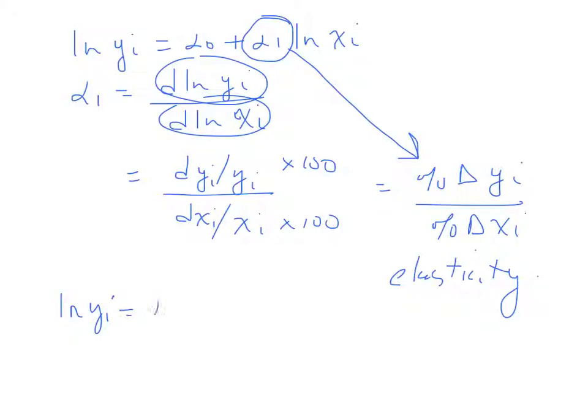We can extend this to multivariate context. Log yi equals alpha 0 plus alpha 1 x1i plus alpha 2 x2i. We would simply use the language of partial derivatives to write out what this meant. Actually, I'll tell you what, let's go ahead and get rid of that and start a new page. Log of yi equals alpha 0 plus alpha 1 log of x1i plus alpha 2 log of x2i. I forgot the logs in the last one, that's why I wanted to rewrite it.